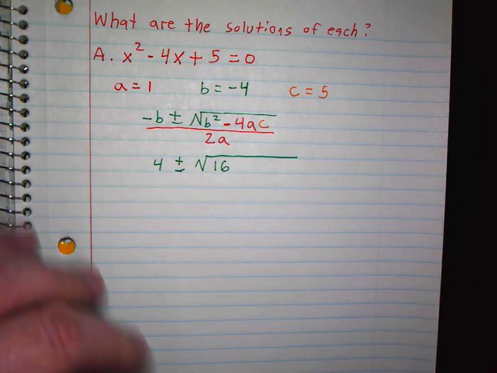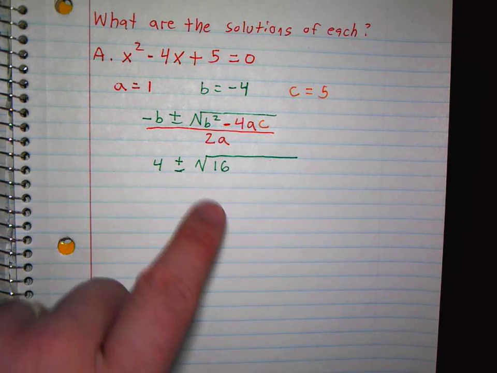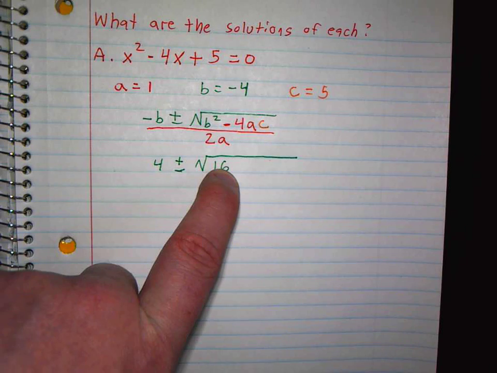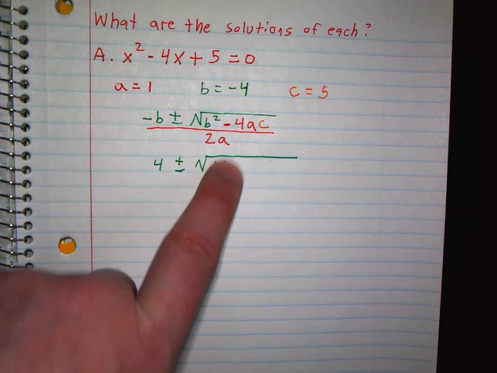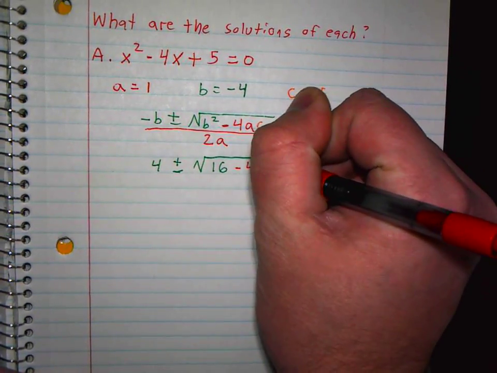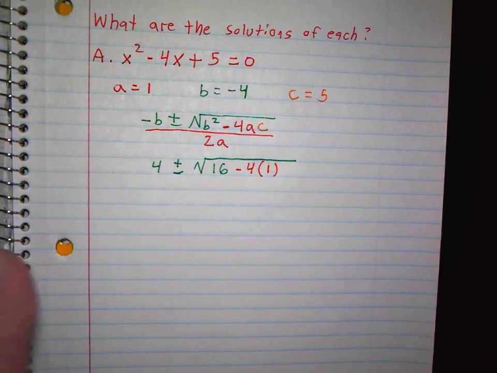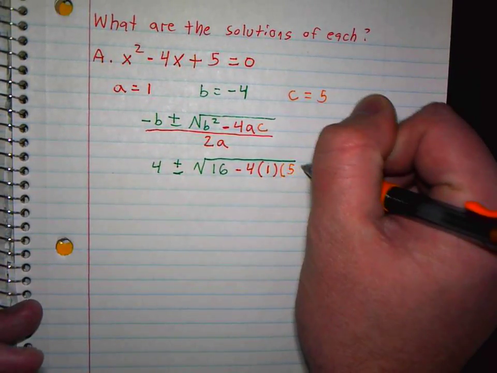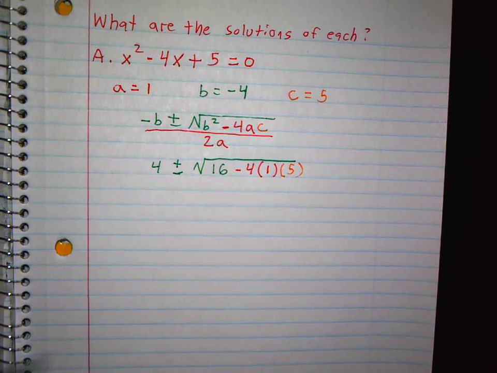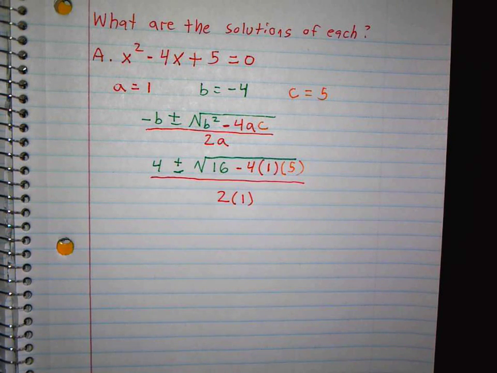Anytime you square, when you plug in a number, it is always positive. That is the number one mistake. Kids will write down negative 16. It is positive 16. Minus 4, and a is 1, and c is 5. Divided by the whole thing, 2 times a, which is 1, which is just 2. And I'm probably showing more work than you guys will show because you guys are ICA students.